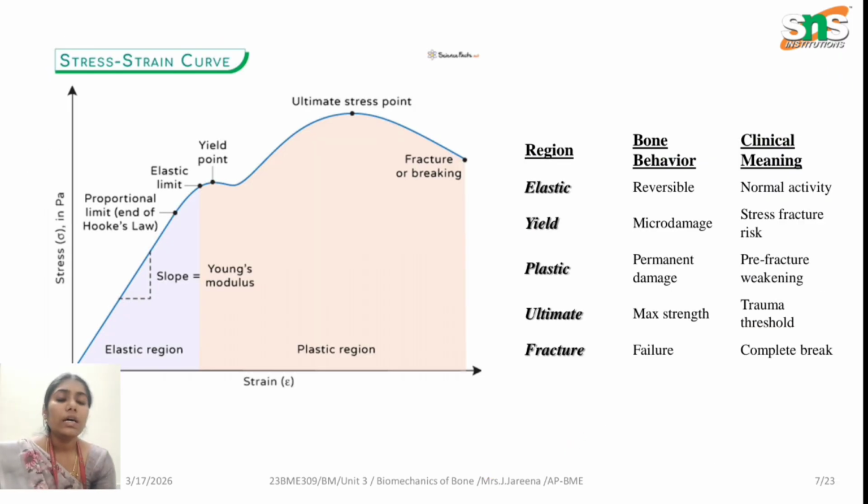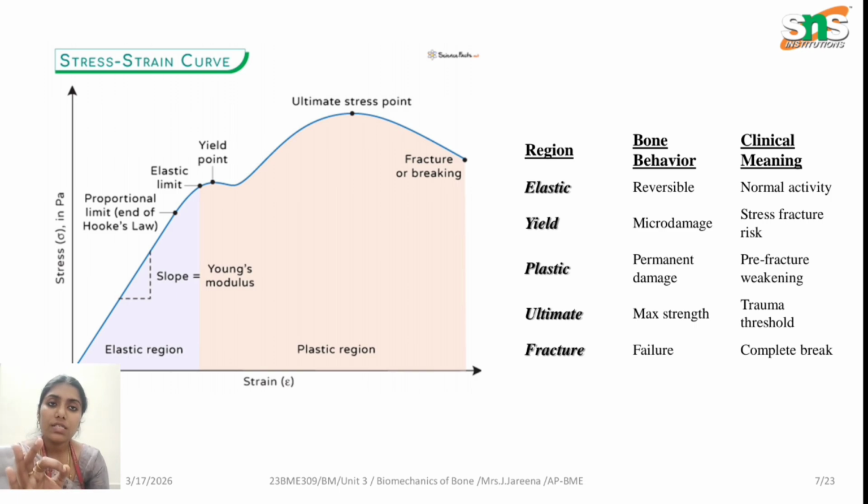So this is another important topic that we need to consider when we discuss the mechanical properties of bone, that is the stress strain curve. This is a very important topic, because if you look at this graph, it is plotted between stress and strain. You know the meaning already: stress is the amount of force applied per unit area.